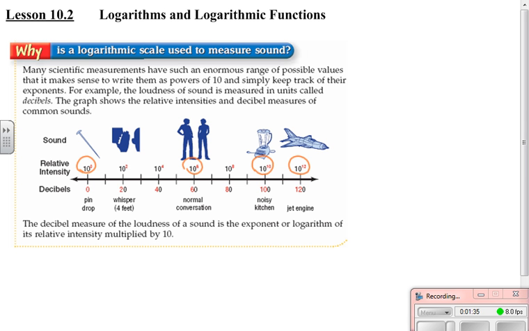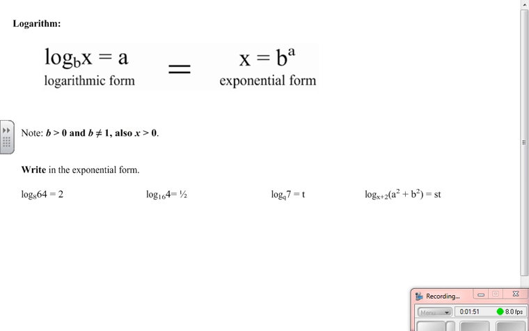So we use the exponents, which is logs, as a shorthand notation. And for decibels, specifically, they multiply it by 10. So you see this 12 here becomes 120 decibels. But in general, a log is the exponent needed to raise a base to a given number.